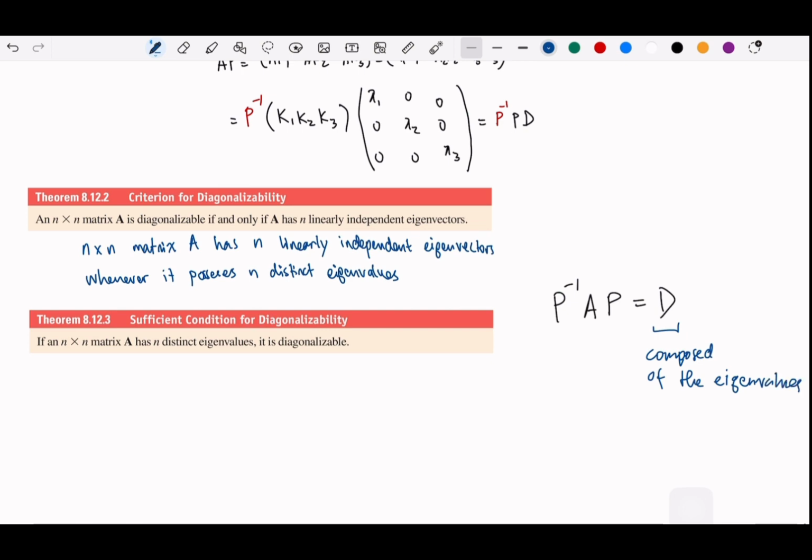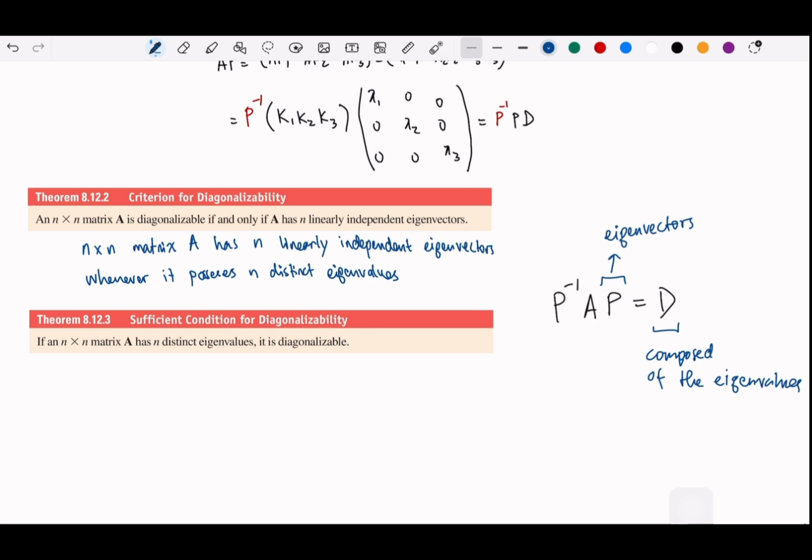And how do we get P? We get P from the eigenvectors. We arrange the eigenvectors to be our P. We take the inverse, and if we put the inverse of P, multiply with A, multiply with P, we get D.